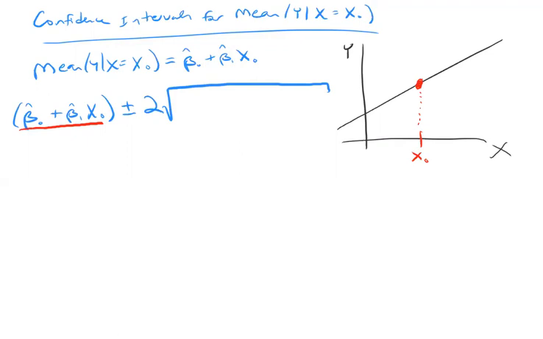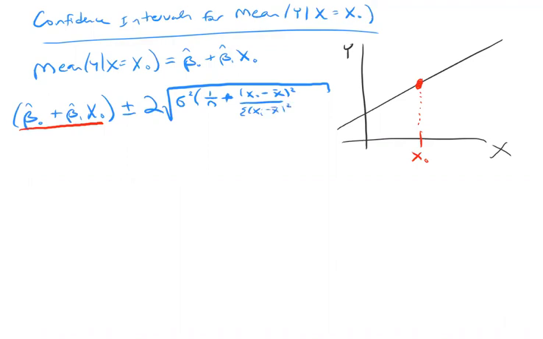I'm not going to derive it for you here, but instead I'm going to write it down for you. It turns out to be sigma squared times 1 over n plus, it's a plus sign, x naught minus x bar squared divided by the sum of the squared differences on x.